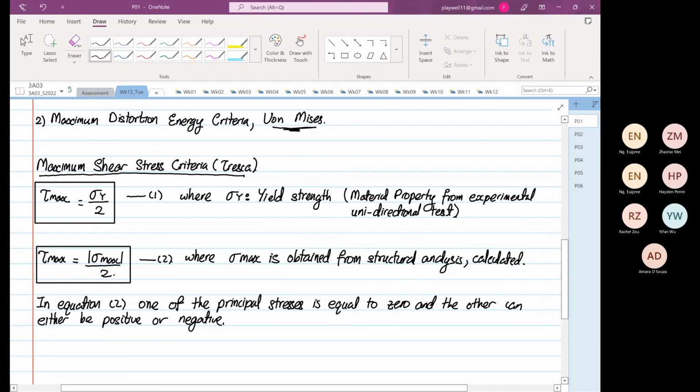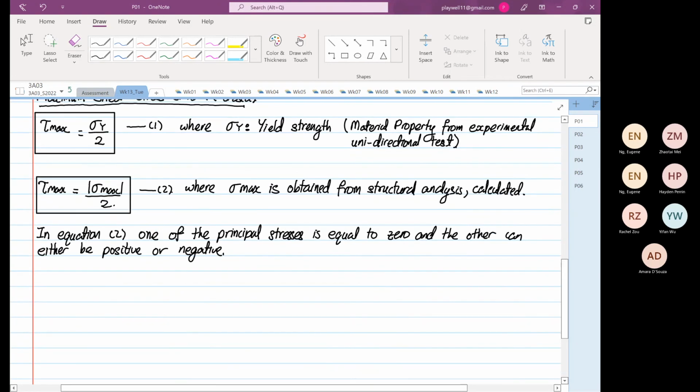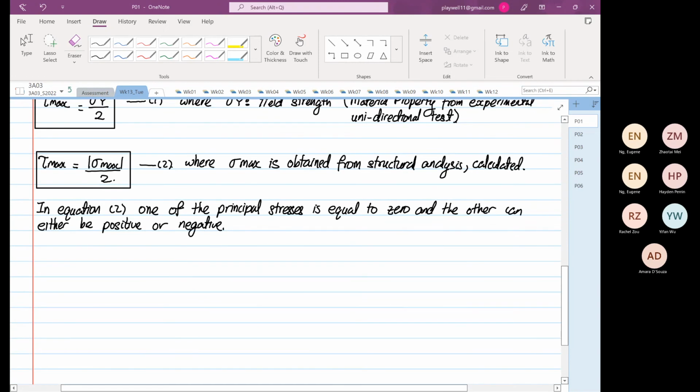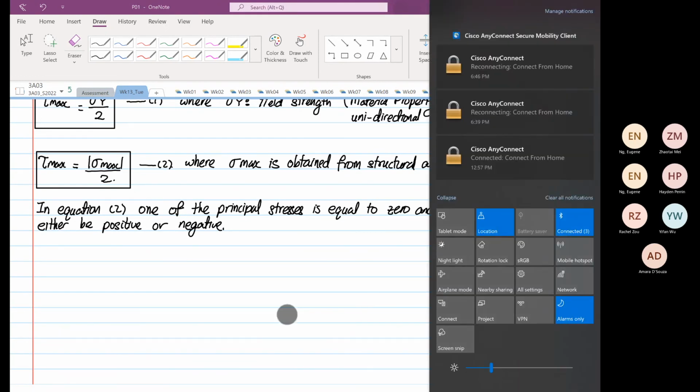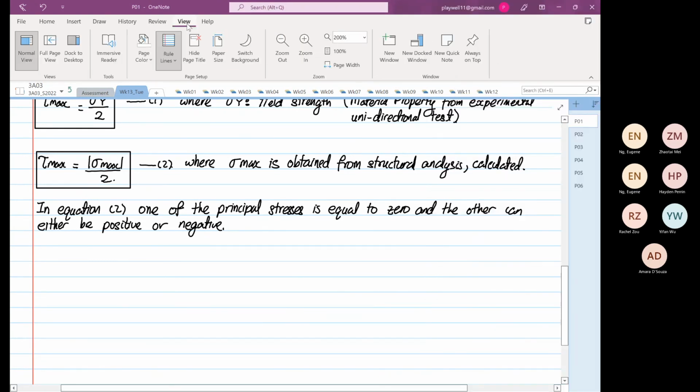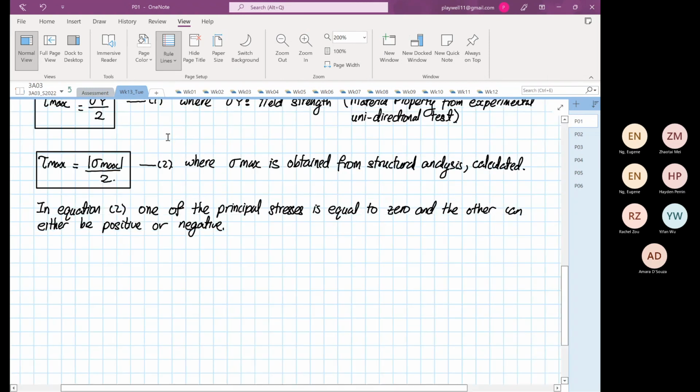If I were to sketch this on a Mohr's circle, I'm going to draw a Mohr's circle.